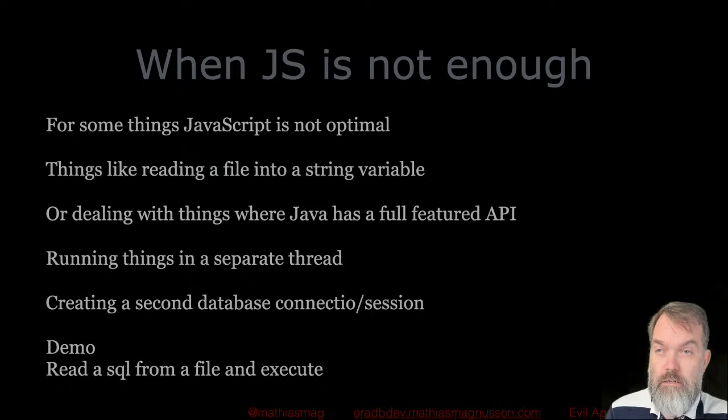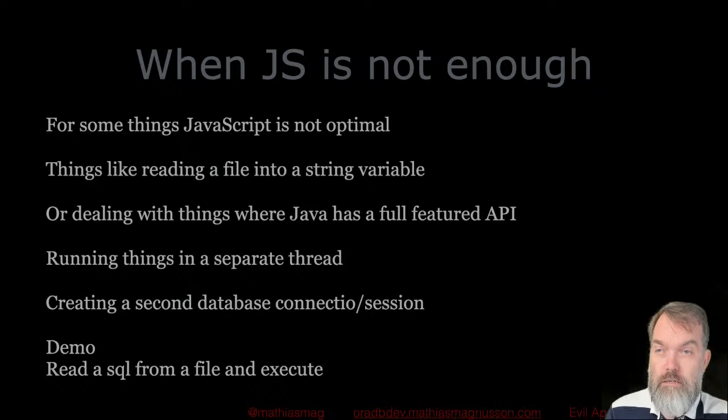Like if you want to run things in a separate thread, and especially if you want in that thread to declare a second database connection or session. So you want to have the session that you logged onto when you started SQLcl, and then you run this command that you've written with JavaScript, and in that you want to have a login to the database, and you want to be able to have these two functions side by side.